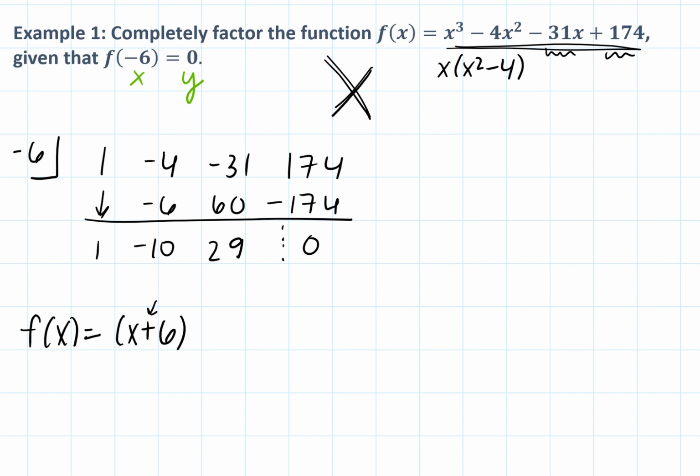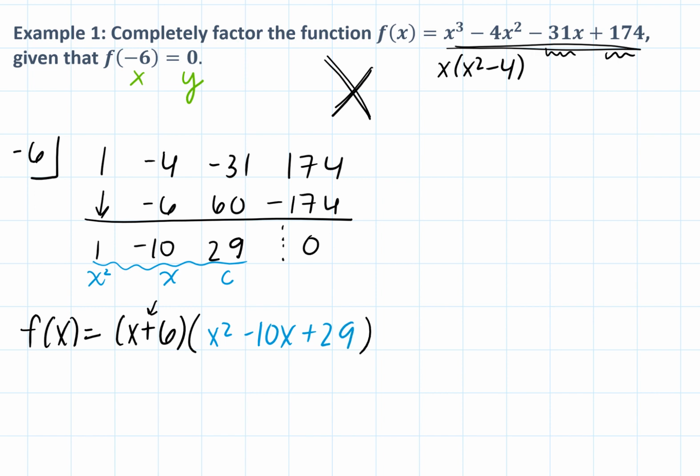This is because -6 is the root that corresponds to the factor x plus 6, times our leftovers. Here's the constant, the number by itself, coefficient of x squared. So our leftovers would be 1x squared minus 10x plus 29.